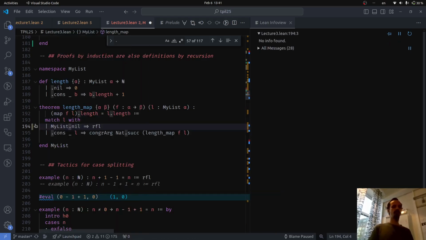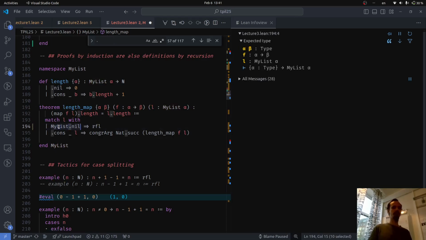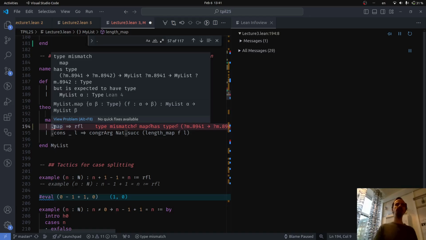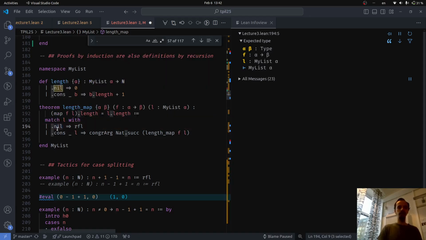And now, for all the things that means, well, this is supposed to be one of the constructors. If this resolved to MyList, I could write my dot map here. And it sort of works. It works out that you meant MyList.map. But then it observes that MyList.map is not a constructor, so it shouldn't be showing up here. It's not complaining about List.map or Nat.map or some other dot map. It has identified the MyList.map, but it wants you to put a constructor. So I don't know. Does that help?